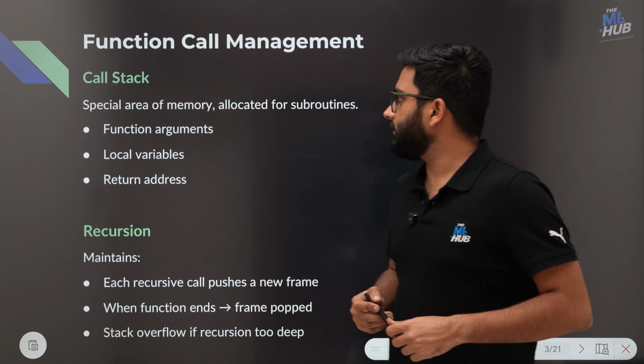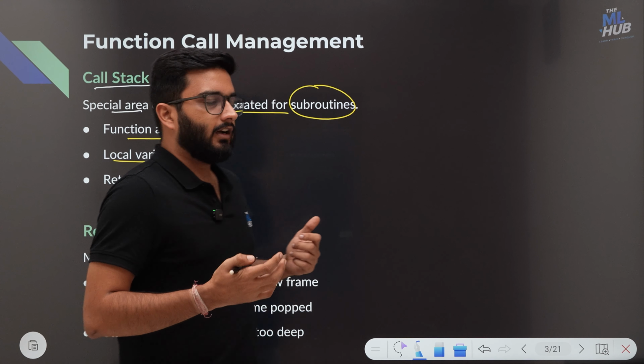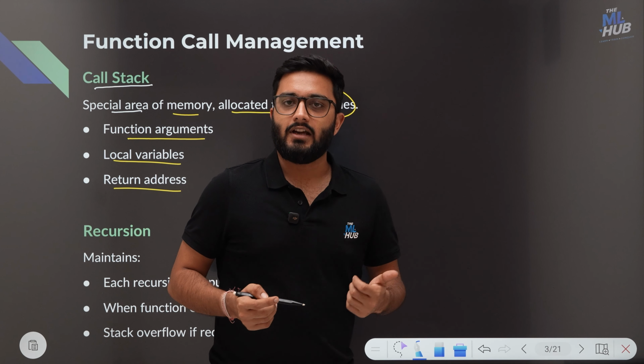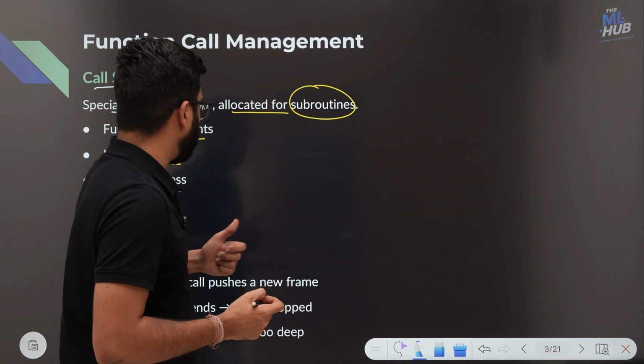What do we store in these call stacks? They contain function arguments, local variables and the return addresses. If it is not clear, we'll take an example to understand how these subroutines are used and where stack comes into the picture to save us.